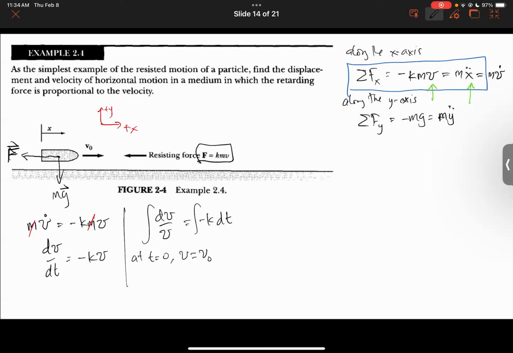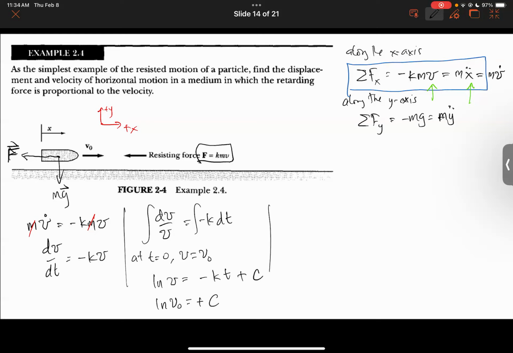Okay, and so anong gagawin natin dyan? So we have ln of v is equal to negative kt plus some constant. So this is an indefinite integral. Okay, and i-apply natin yung initial condition. So ln of v naught is equal to minus k times 0, plus c.